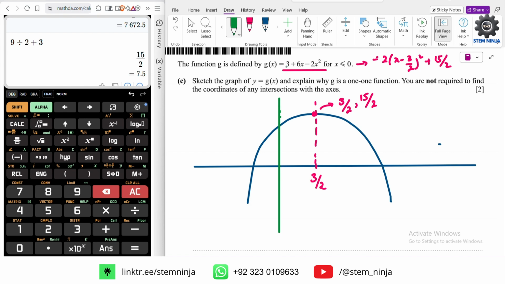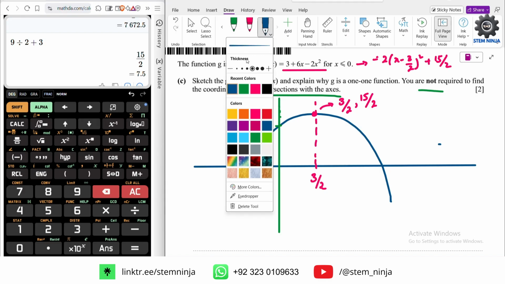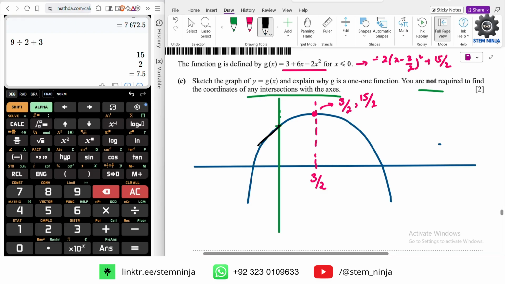Okay, so if you plug in x equals 0, you will get 3 over here. But you are not required to find the coordinates of any intersections with the axes, so we don't need to do that. If you go less than or equal to 0, we only need, so I'm just going to use a different color for this, we only need this part of the graph.